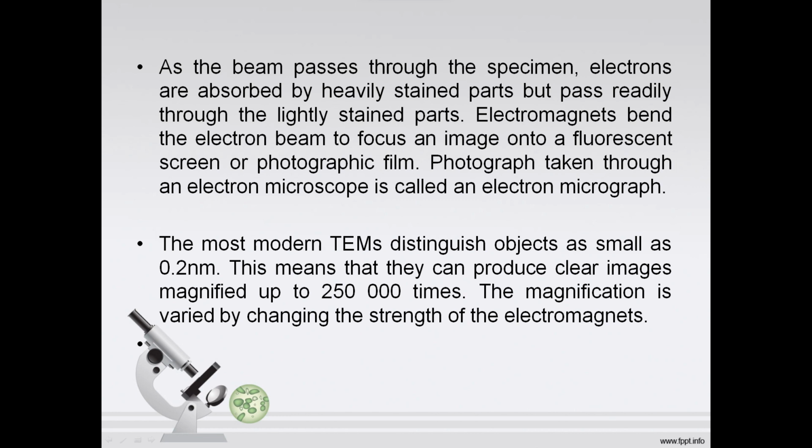The most modern TEMs distinguish objects as small as 0.2 nanometer. This means that they can produce clear images magnified up to 250,000 times. The magnification is varied by changing the strength of the electromagnets.